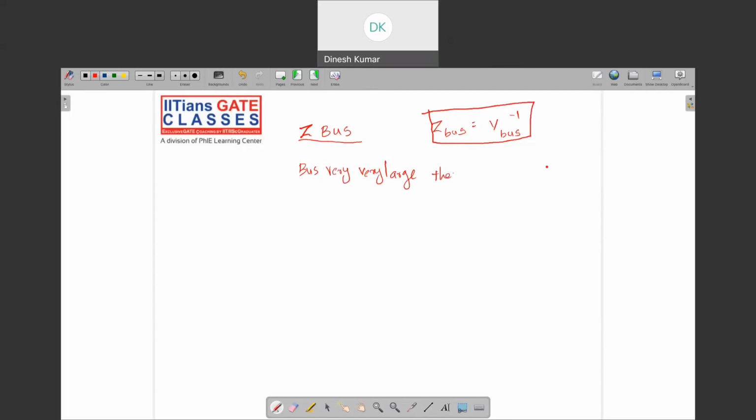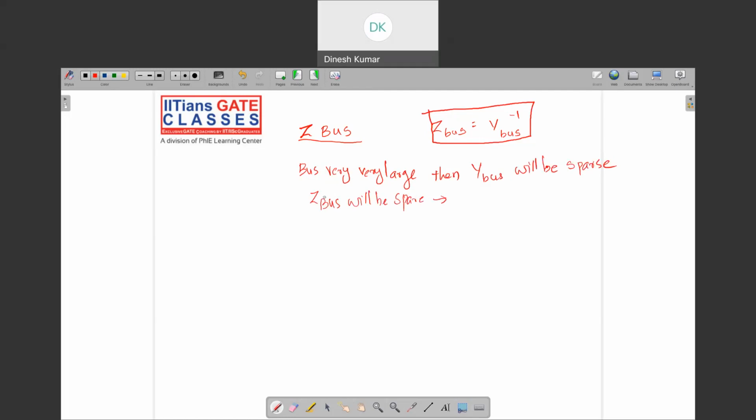then Ybus will be sparse, right? But if the Ybus is sparse, that doesn't mean that ZBus will be sparse. That means ZBus will be a full matrix. The inverse of a sparse matrix may not be a sparse matrix, so it can be a full matrix also.